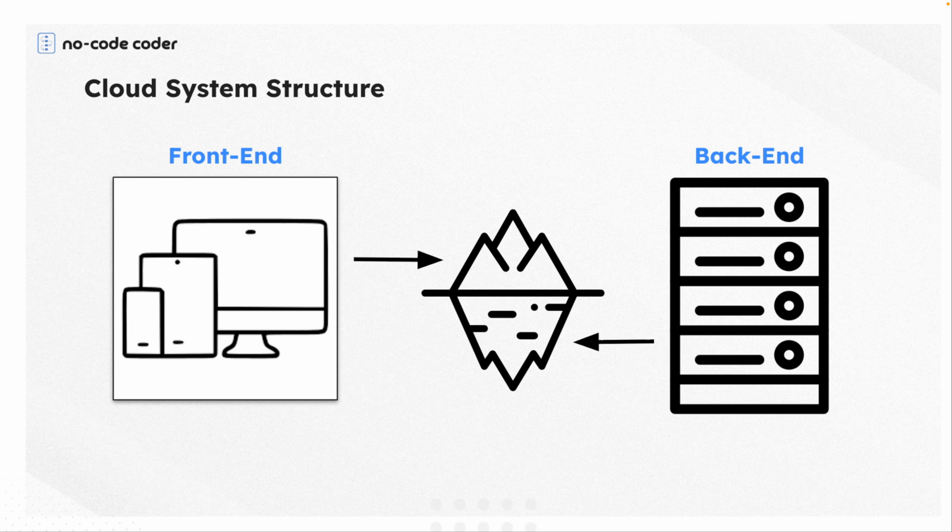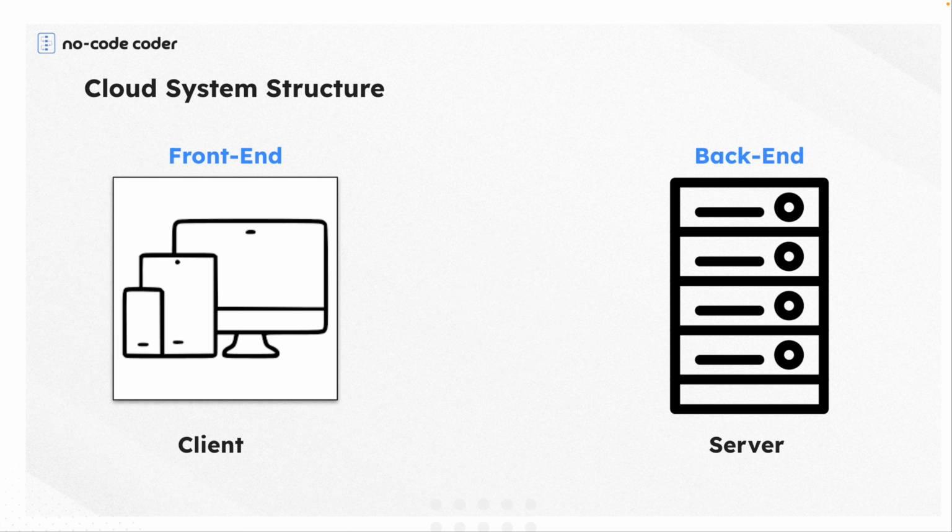So the back end is running on a computer in a data center somewhere, or what we commonly call the cloud. Okay, it's not running on the end user's device, it's running on a web server sat in a data center. So the other terms that we generally use for front end and back end: on the back end we often refer to that as being the server.